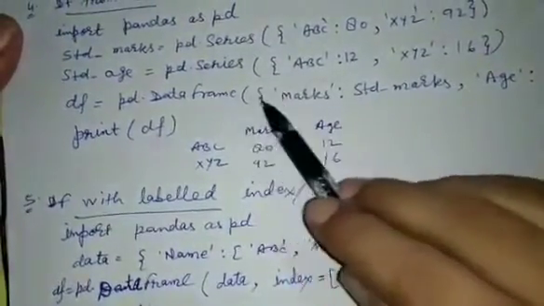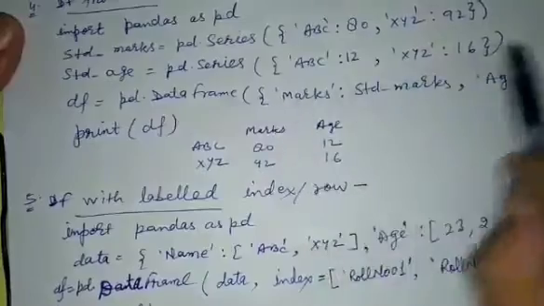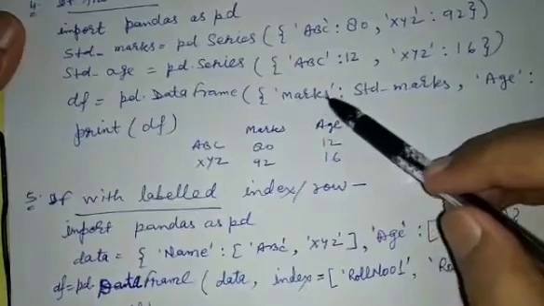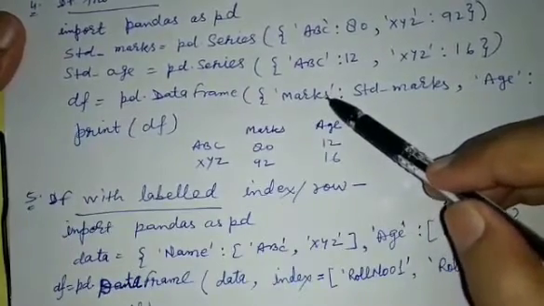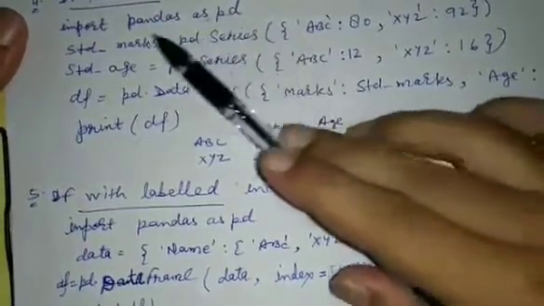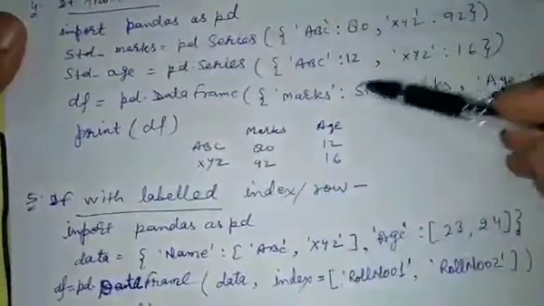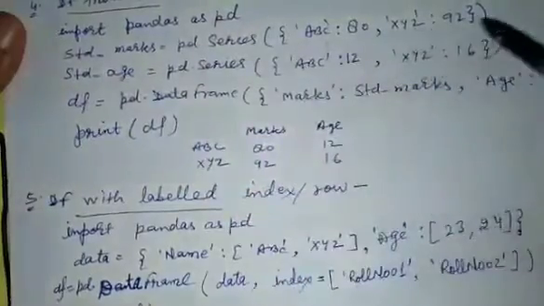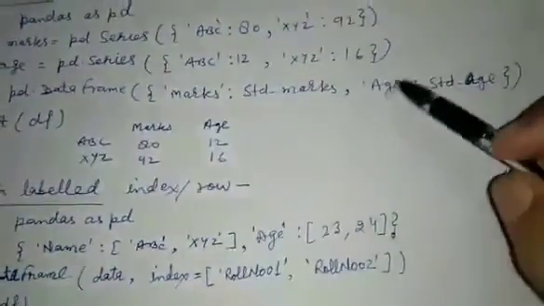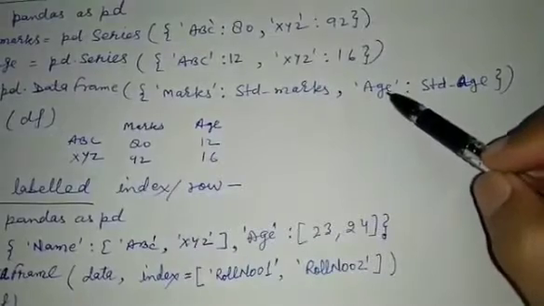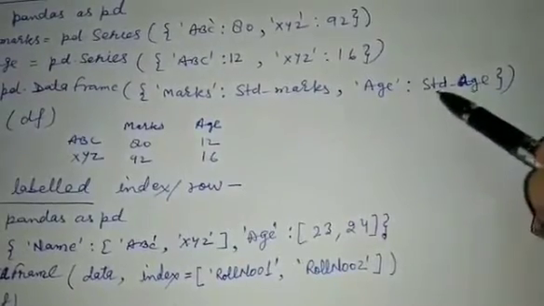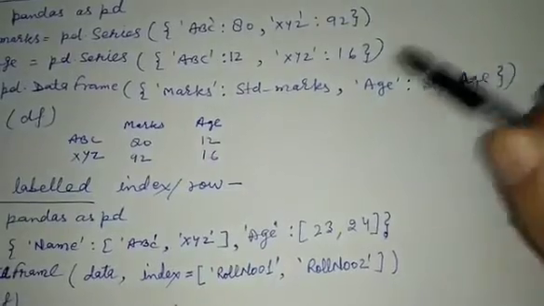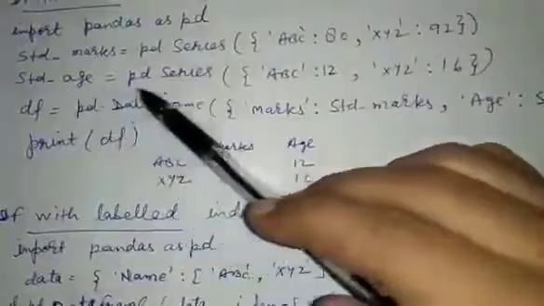Again we are creating the data frame using a dictionary, and the key for the dictionary is marks, and it derives its value from the std marks series. So we have provided the value as std marks, which we created earlier. The second column is age. The key is age, and the value it will derive from the std age series we have created above.